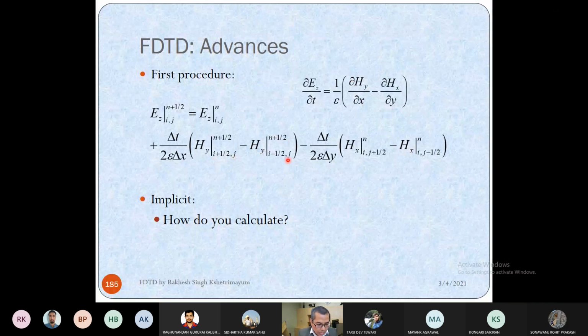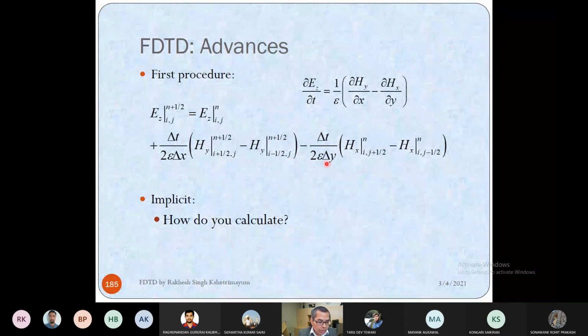This is actually the 2D case. I was telling you about the 3D case, but this is the 2D case, where the magnetic field is circulating. So you have to remember the master diagram. The electric field was calculated at the center. If you consider a point here, then the magnetic field was circulating around this. Electric field is calculated at the integer space steps i and j. Magnetic fields are calculated at the half-integer space step.